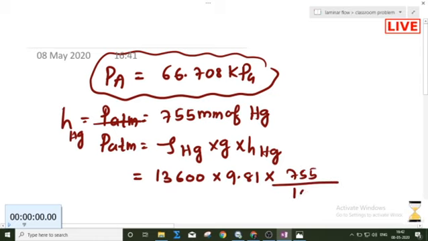To convert into meters, we have to divide by 1000. The local atmospheric pressure is 100.729 kilopascal.